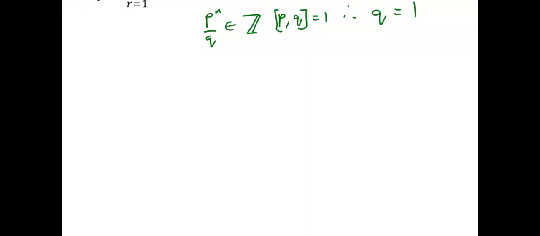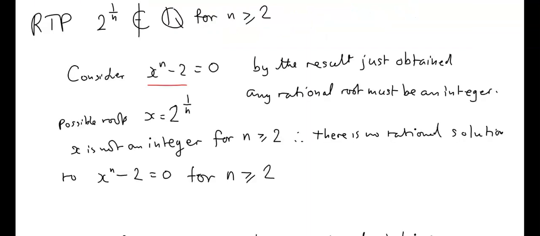And so that means that any rational root of f(x) = 0 as shown must itself be an integer. We now have to use this to show that 2^(1/n) is not a rational number for all n greater than or equal to 2. And so we consider the polynomial I've underlined in red, x^n - 2 = 0.